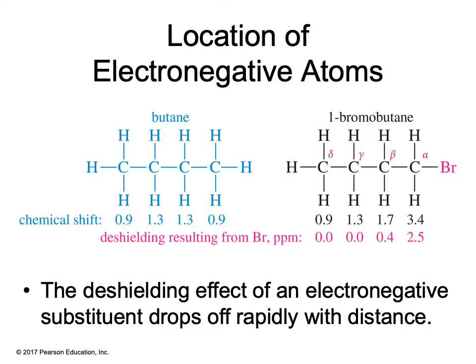So as you move away from the electronegative atom, the thing that's removing electron density and de-shielding, you go lower and lower in ppm, more upfield, which I'll explain in a minute. Okay, so you do see effects across the molecule, but they diminish over space in terms of shielding.